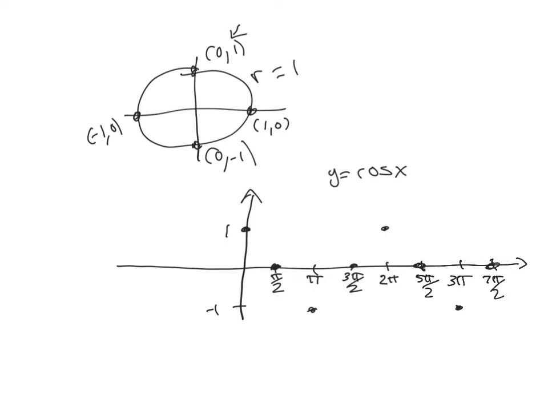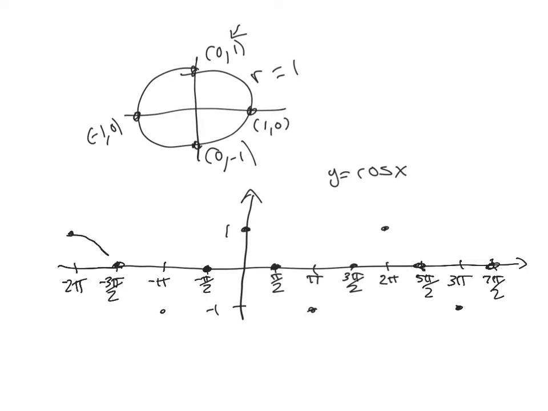And let's do some negative. Going clockwise, negative pi over 2, I'd be at 0, negative pi, I would be at -1, negative 3 pi over 2 is coterminal to pi over 2, so I'd be at 0, and negative 2 pi is coterminal to 0, so that brings me back to 1.